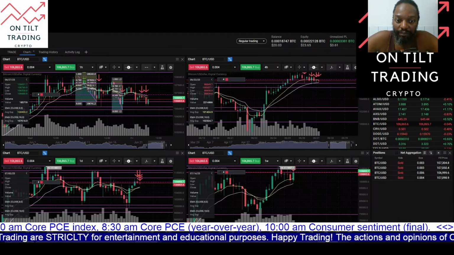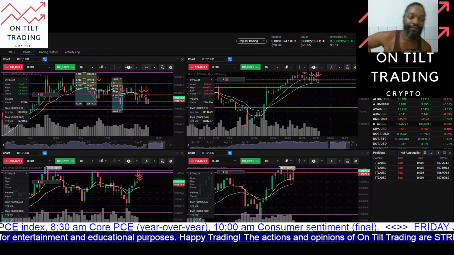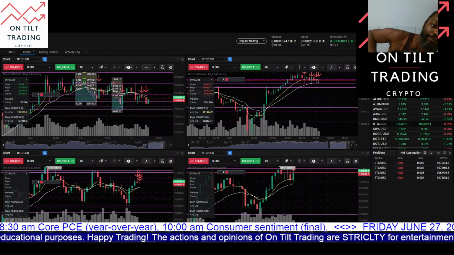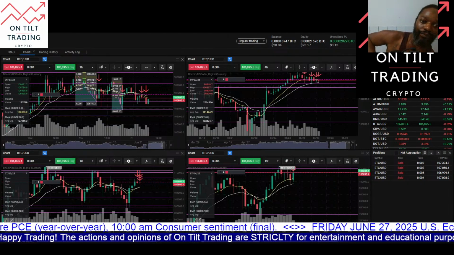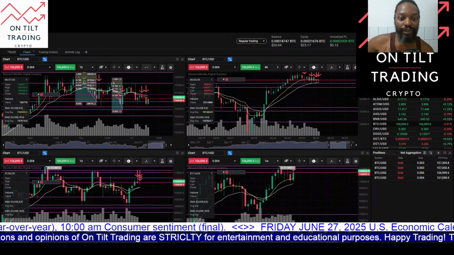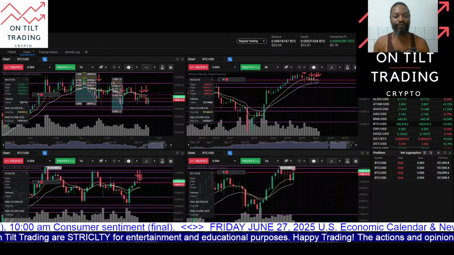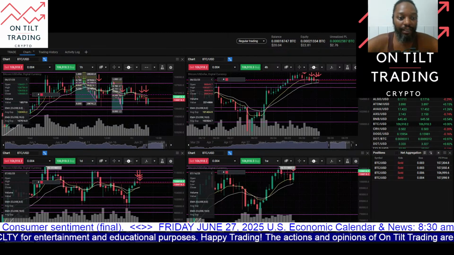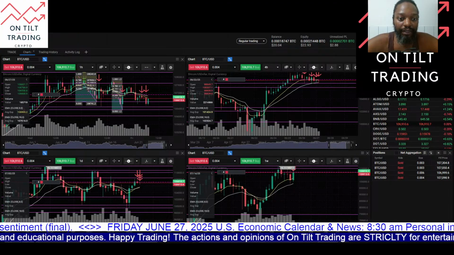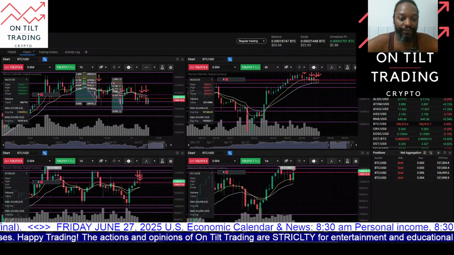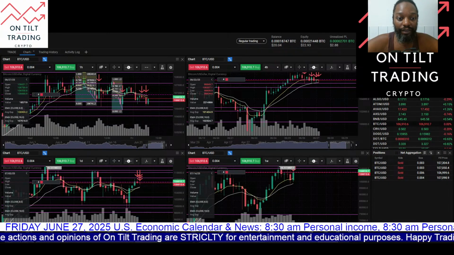Price being delivered to the buy side with speed here. $106,900. Price approaching the 9 EMA on the 15 minute. On the 60 minute.